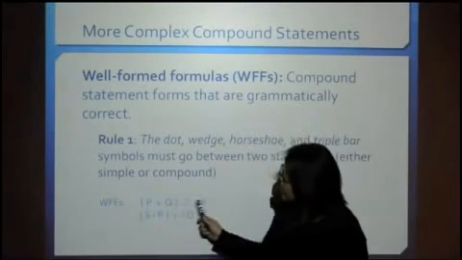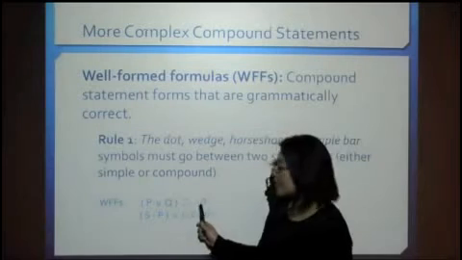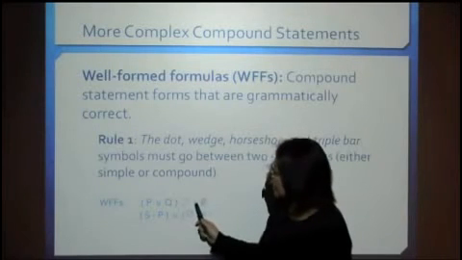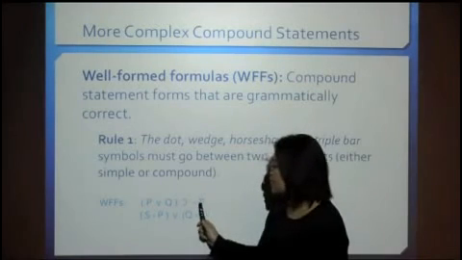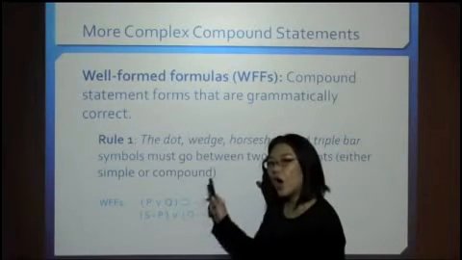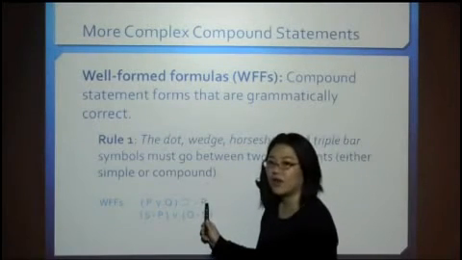Then, on this side of the conditional statement, we have the negation R. Anytime you see a negation in front of a letter without any parentheses, this negation is negating only the letter that it is in front of.